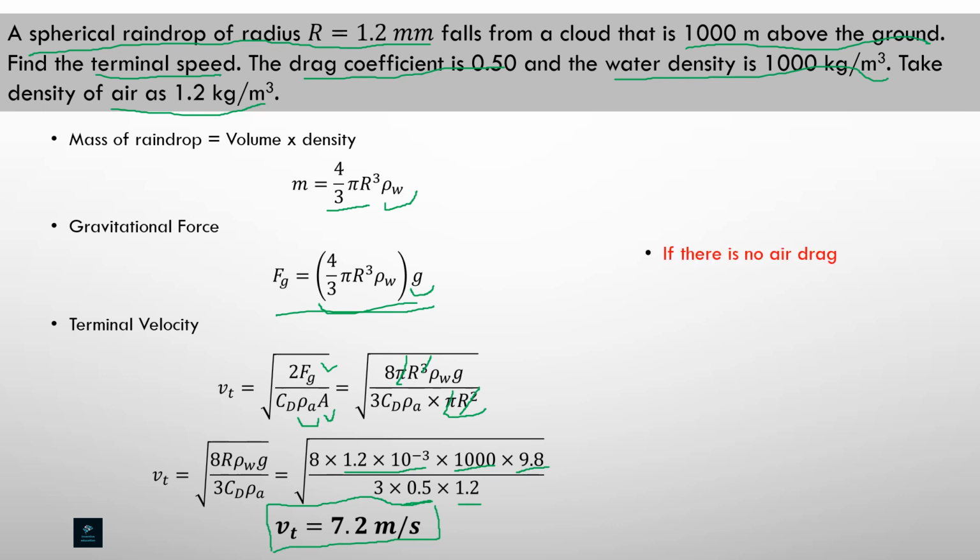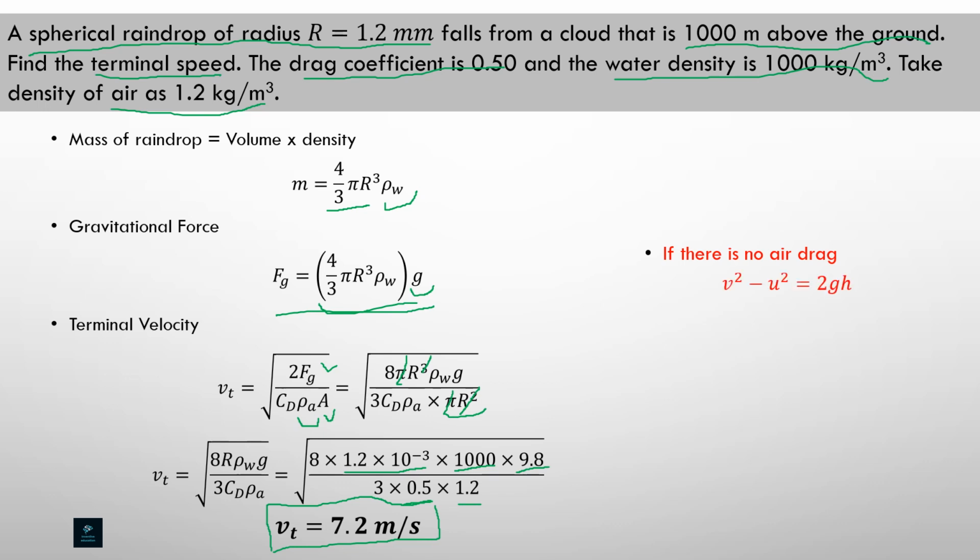Suppose that there is no air drag, then the velocity of the raindrop will continue to increase until it reaches a maximum value just before hitting the ground. For comparison, we wish to calculate the maximum velocity of the raindrop before hitting the ground.